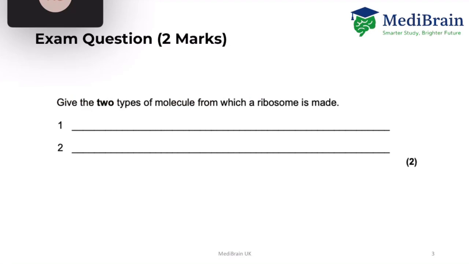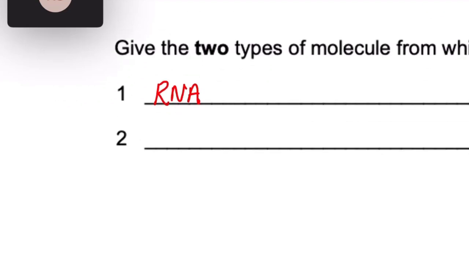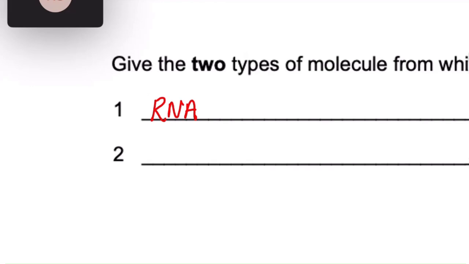So it says, give the two types of molecule from which a ribosome is made. Okay, now we come across this later as well in a separate unit, but I did introduce it in this unit as well. So the two types of molecules a ribosome is made of is basically RNA. It's made up of RNA and a protein.